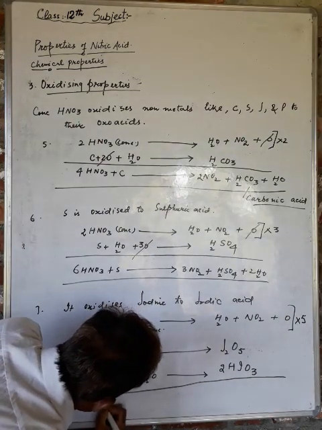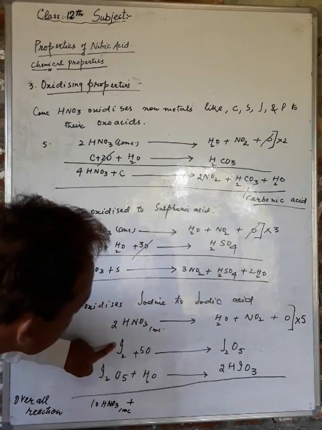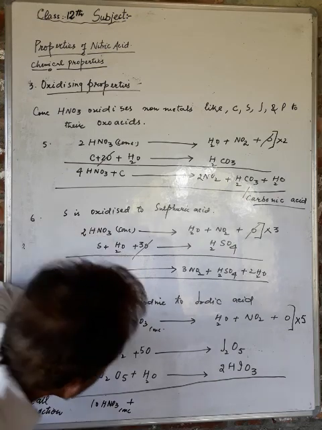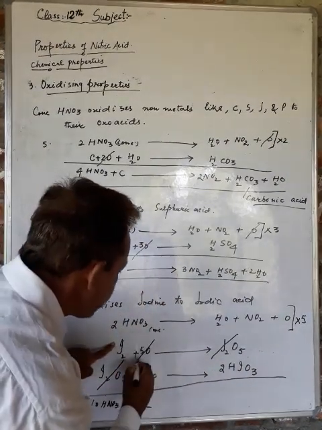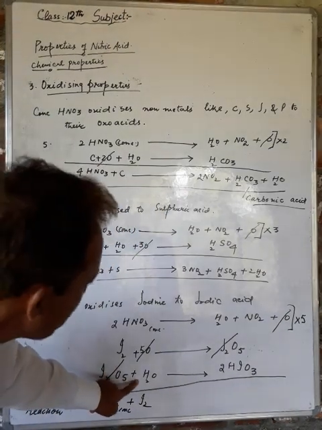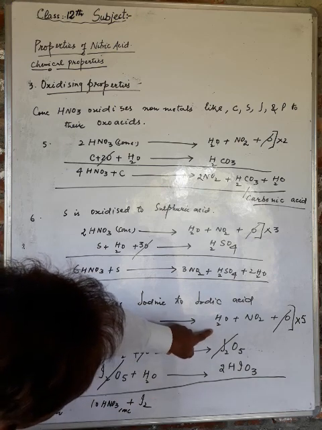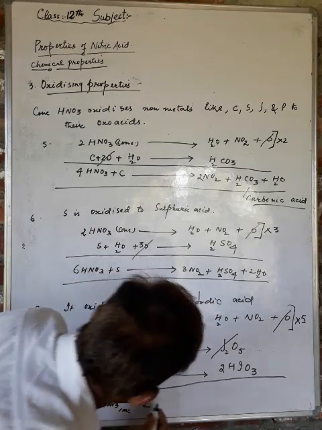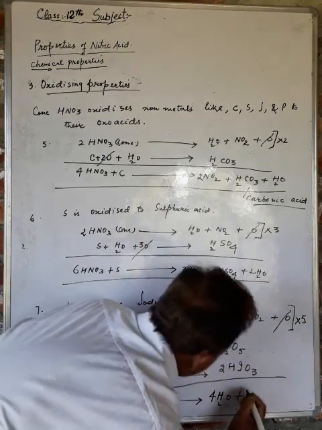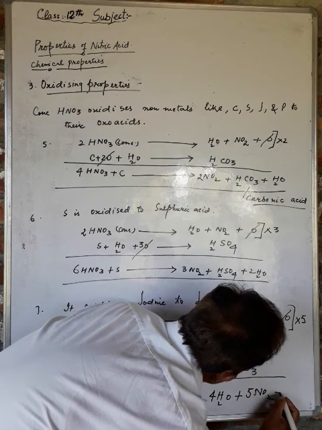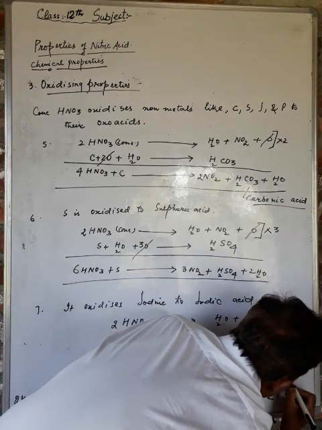This is 10 times concentrated nitric acid plus I2, plus iodine pentoxide 1 time, which we have to cancel, plus water, water is 1 time, here water is 5 times, one and one will cancel so 4 times water will remain on the left hand side, plus 5 times NO2 plus 2 times HIO3. This is iodic acid.